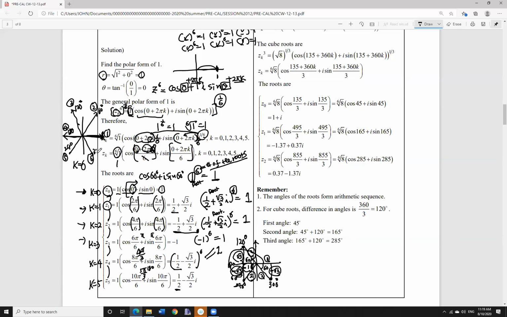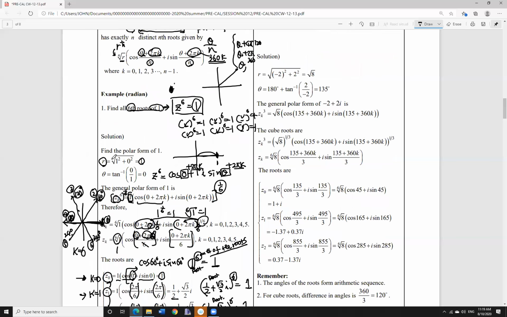That's it. So actually the angles are 0, 60, 120, 180, 240, 300, which forms an arithmetic sequence, right? So you don't have to plug in any numbers. Just find out what the next angle is, what the next angle is. Just put these angles into the equation. Okay?